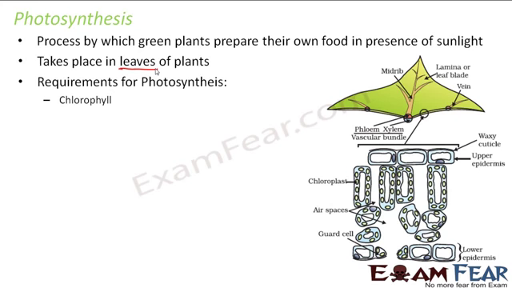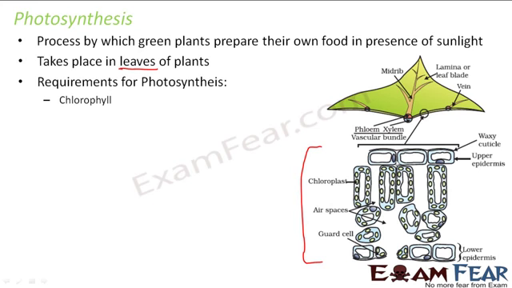So how does this chlorophyll actually look like? Here you can look at the cross section of a leaf. You can imagine how very less the thickness of the leaf is. Now if you observe that particular cross section, only in this much thickness you have so many things.